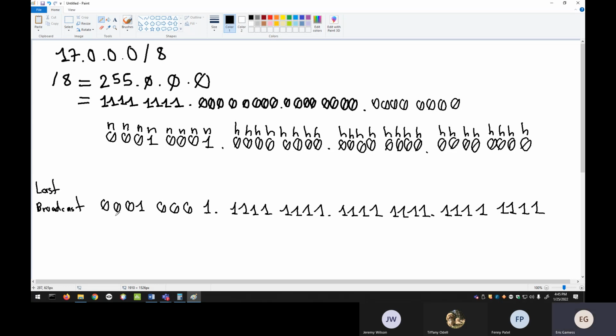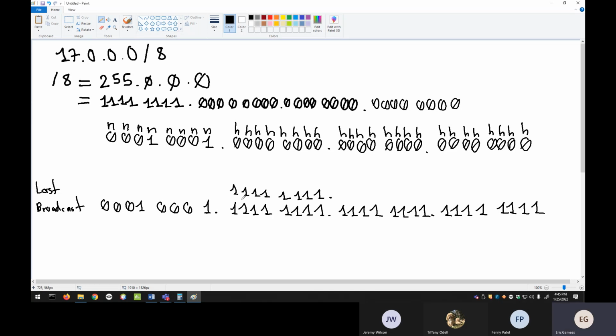Okay, see if they ask you what is the last valid IP address. How do we get the last valid IP address? There is a slide that says for the host bits, you put all in one except the last one. So the 24 host bits, I will put all in one except the last one.